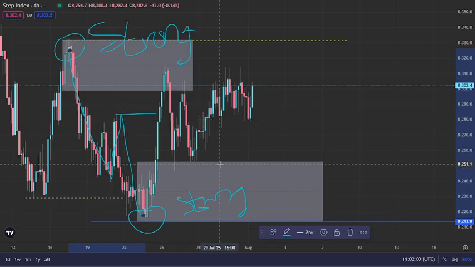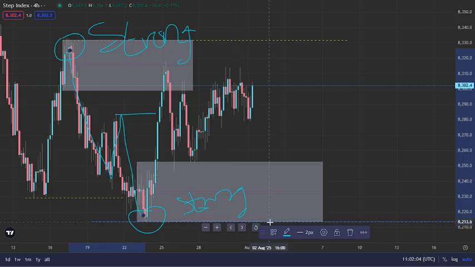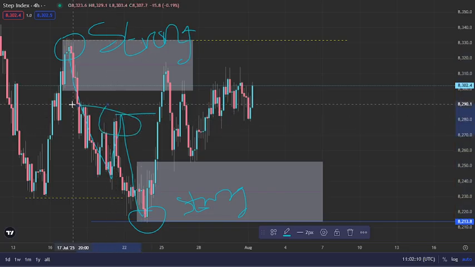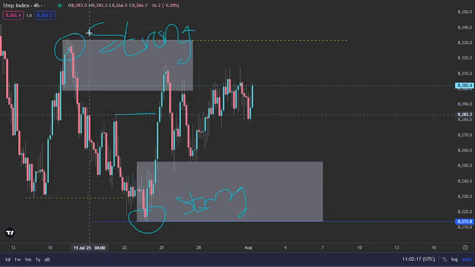You need corrective structures for pullbacks for impulsive moves to happen. So from the market structure perspective, here is the internal structure to the lows. Here is a strong swing structure, right?